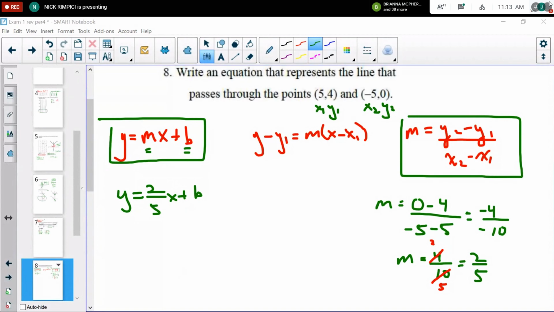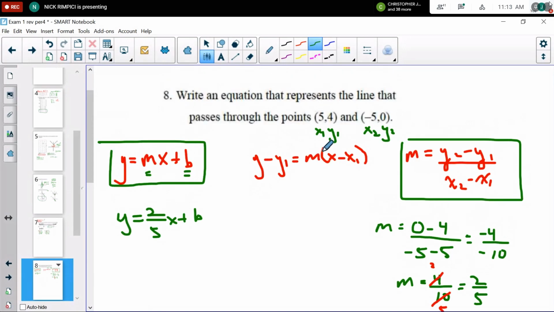That gives you the freedom to choose either this point or this point. I'm just going to choose this point, and it's up to you. You can choose this point. You'll get the same answer. It doesn't matter. Whatever point you choose, it won't make a difference. You're going to get the same answer regardless. I'm just choosing this one because I don't like having a negative. So I'm choosing this one.